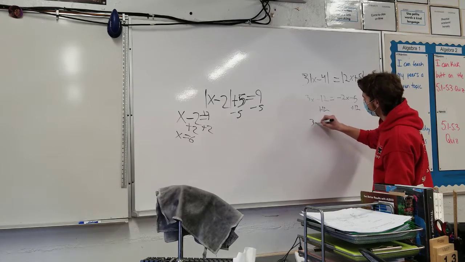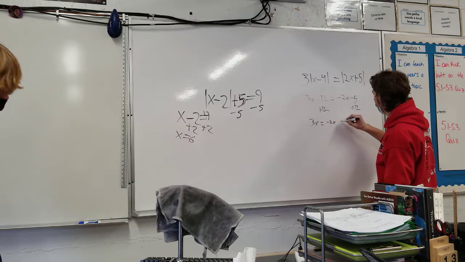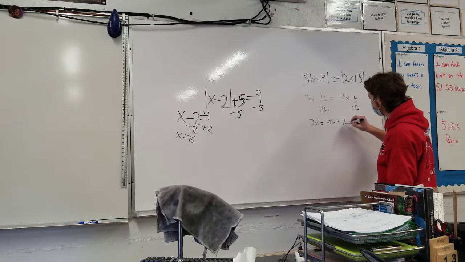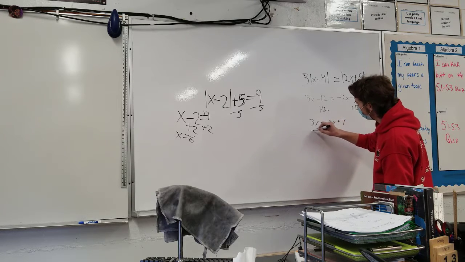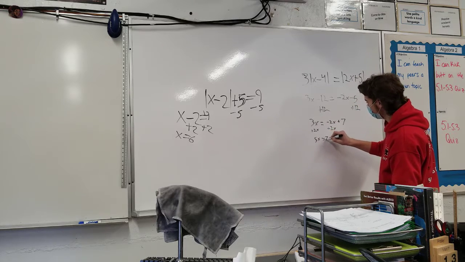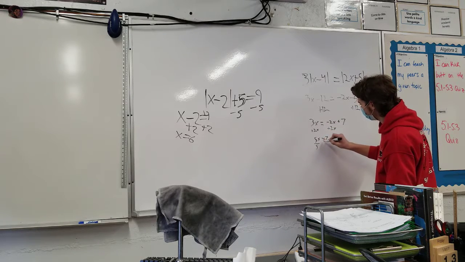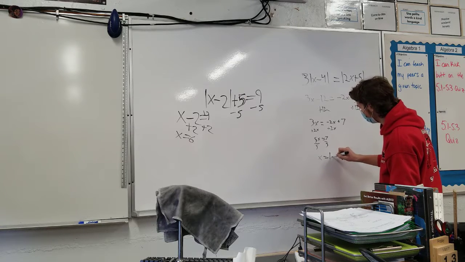I get 3x equals negative 2x plus 7. Add 2x on both sides. I get 5x equals 7. Divide by 5 on both sides. And then I get x equals 1.4, I think.